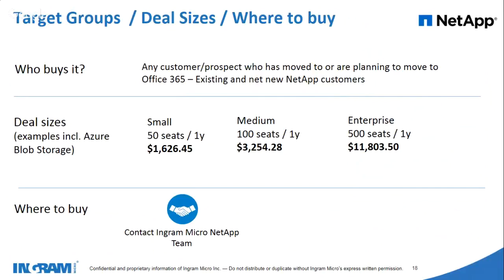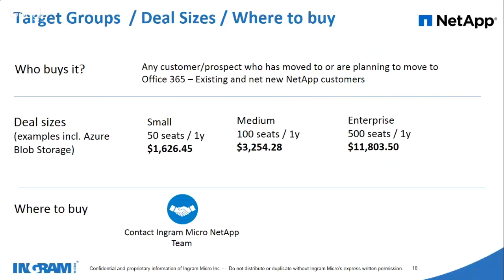For 50 users, for a small organization, 50 users plus 1 TB of Azure storage will just cost you $1,626. Right? So for a 50 user company, if the IT invests $1,600, they are protected with the best software and the best storage platform available in today's market.